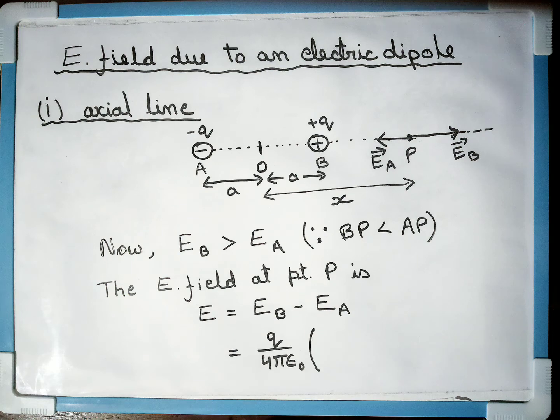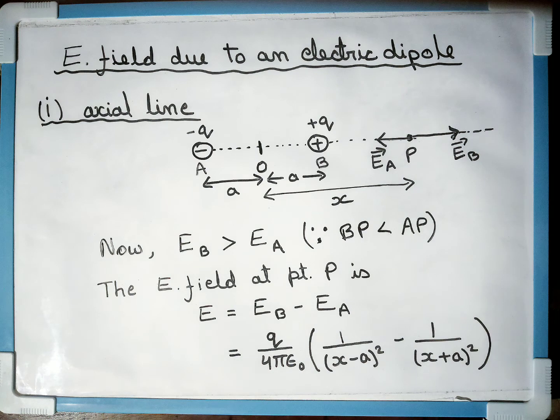So now we take common the Q by 4 pi epsilon naught. So we have here Q by 4 pi epsilon naught, then 1 divided by (x minus A) whole square minus 1 divided by (x plus A) whole square.